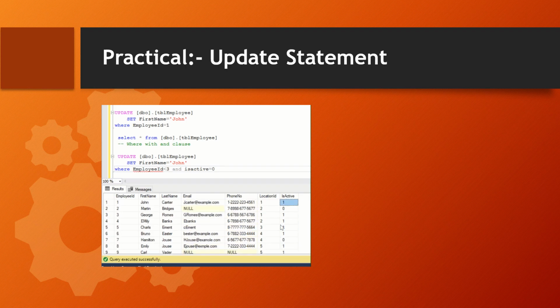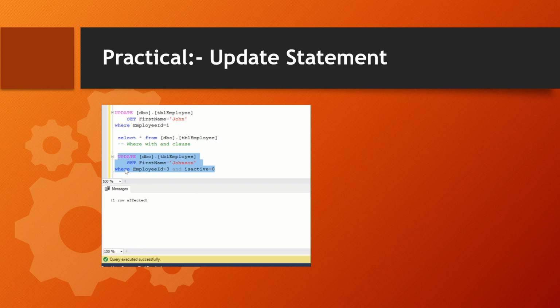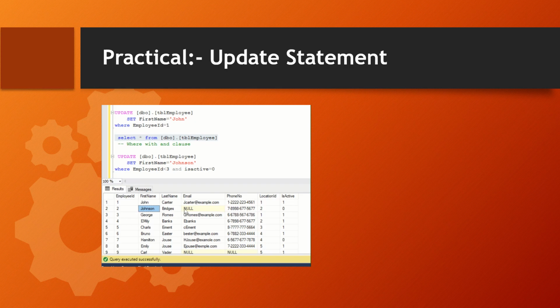I am going to target is active employees which are 0, meaning the employees who are not active. And I am considering only the first two rows by putting a check of employee ID less than 3. Less than 3 is not going to consider the third row, means only the first and second. So it will target only one row which has inactive records, I'm talking about the second row.